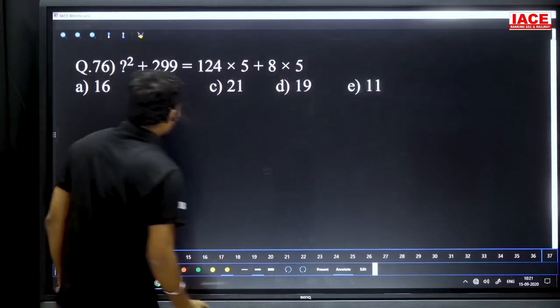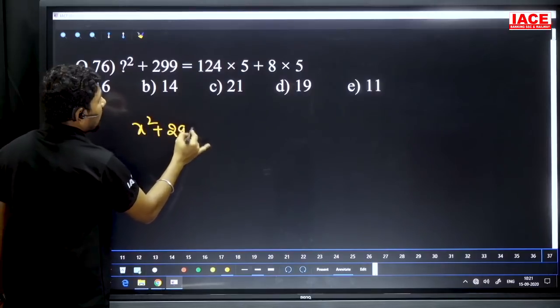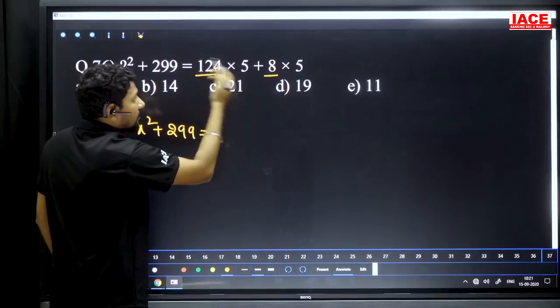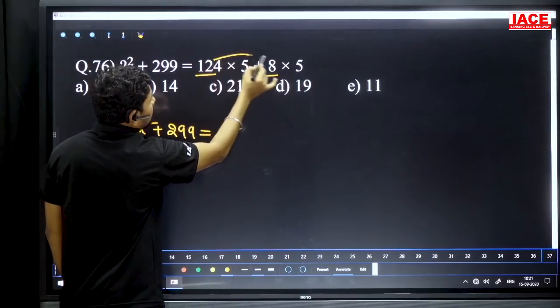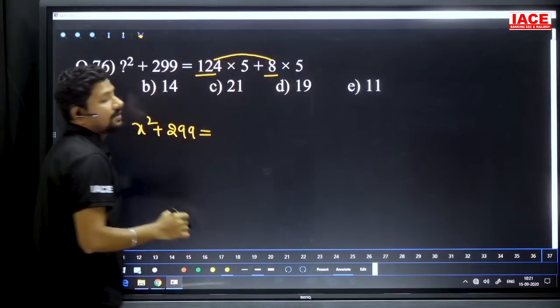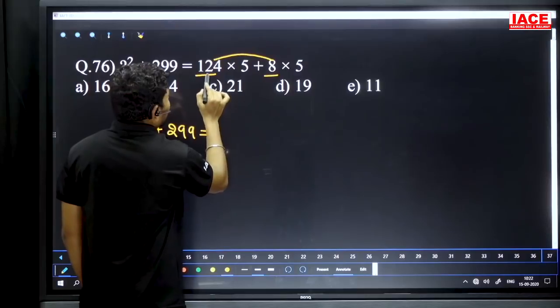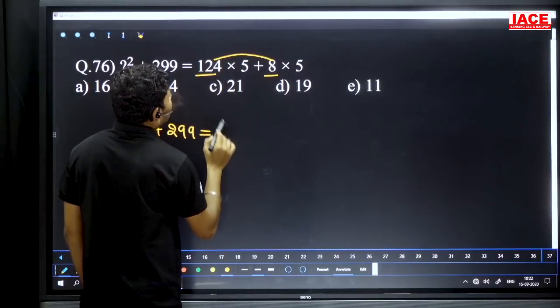Next, x square plus 299. Look at 124 and 8. Either multiply with 5 and after that you can add it. Otherwise 124 plus 8 which is equal to 132. 132 half value is here 132.